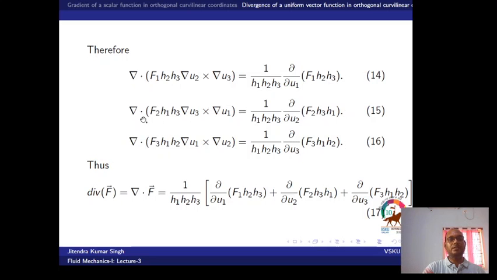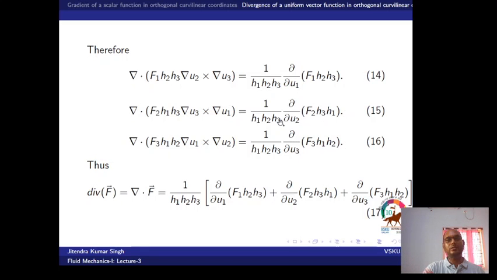Similarly, the divergence of f2 h1 h3 grad u3 cross grad u1 is equal to 1 by h1 h2 h3 dou by dou u2 of f2 h3 h1, and in the same way the divergence of f3 h1 h2 grad u1 cross grad u2 is equal to 1 by h1 h2 h3 dou by dou u3 of f3 h1 h2.